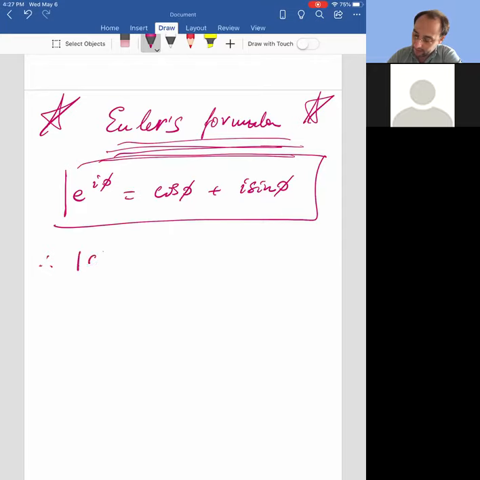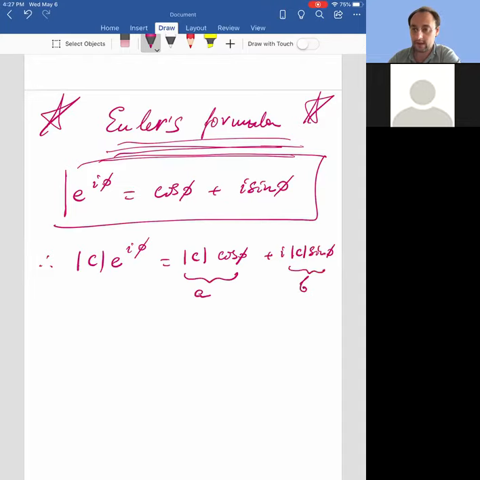So notice that the magnitude of a complex number times e to the i phi equals the magnitude times cosine of phi plus i times the magnitude times sine of phi. And you recognize that this is just a, the real part, and this is b, the imaginary part.